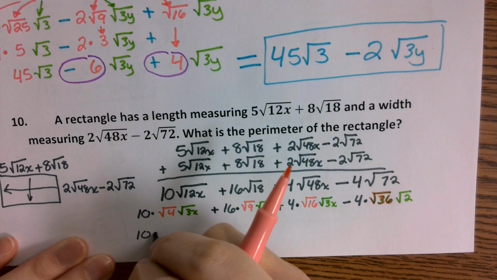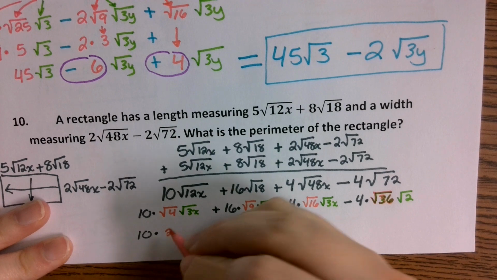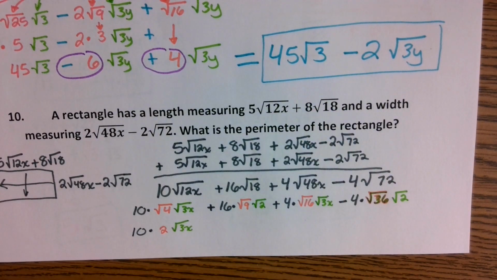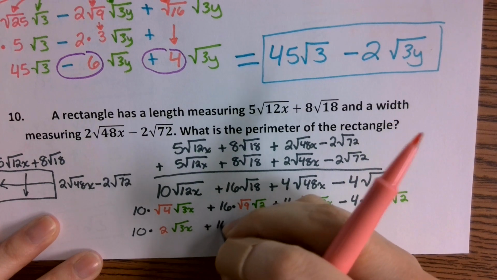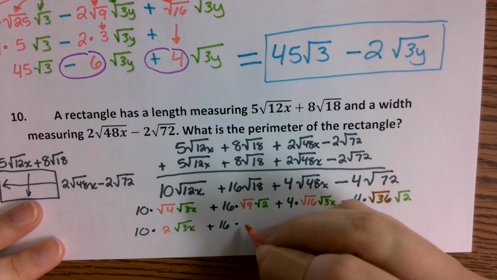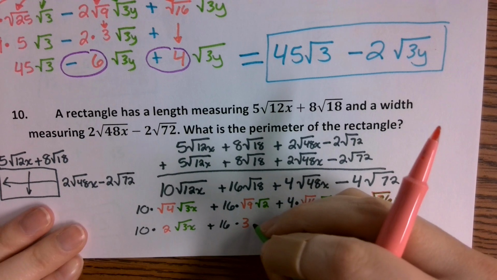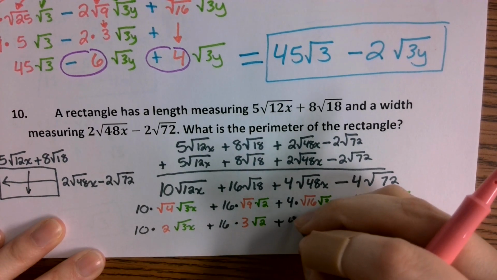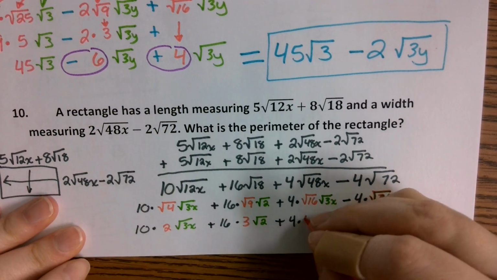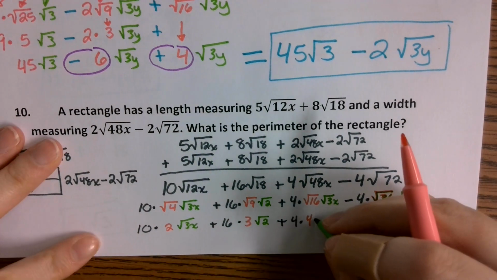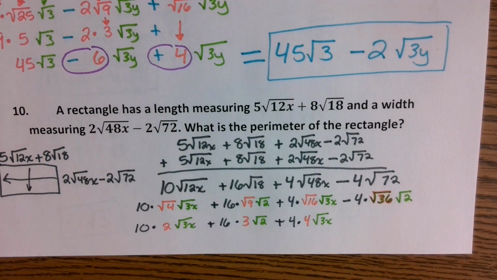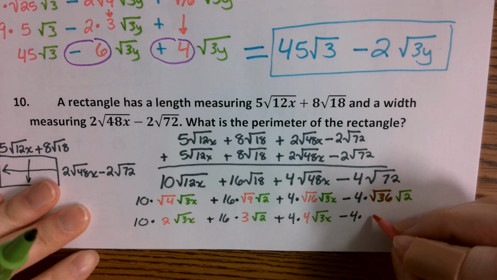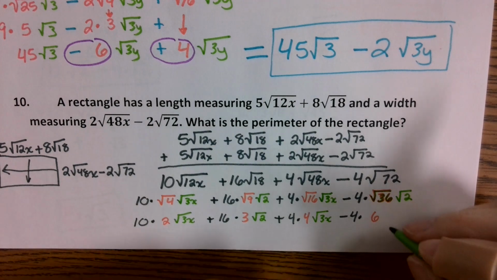So we have 10 times 2 square root of 3x plus 16 times 3 square root of 2, plus 4 times 4 square root of 3x, minus 4 times 6 square root of 2.